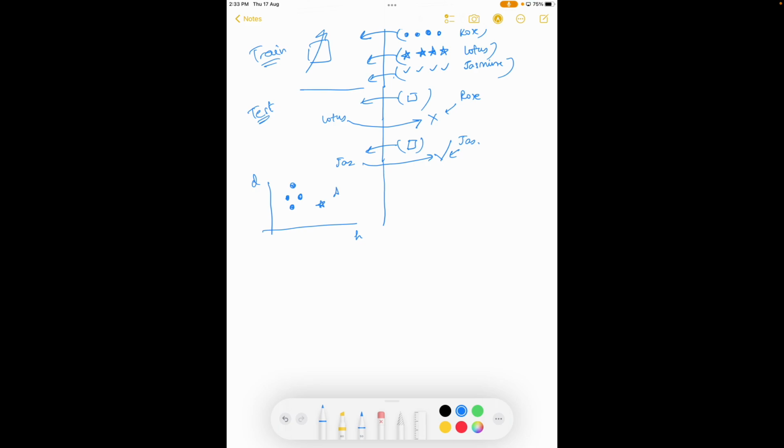Lotus. So closed lotus, more height than the diameter, and these are the lotuses. Now, how will you make a machine model, a mathematical model, which will tell you whether it's a rose or a jasmine or a lotus?